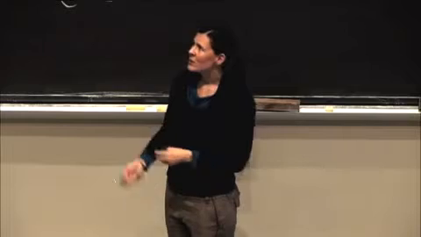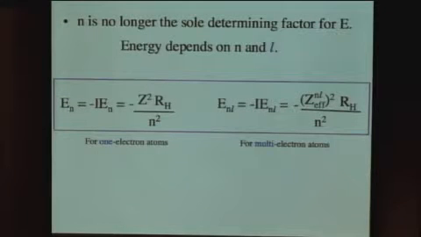We can also look at the energy equation now for a multi-electron atom. And the big difference is right here in this term. So instead of being equal to negative Z squared, now we're equal to negative Z effective squared times R_H all over n squared. So when we say Z effective, what we're talking about is instead of Z, the charge on the nucleus, we're talking about the effective charge on the nucleus.